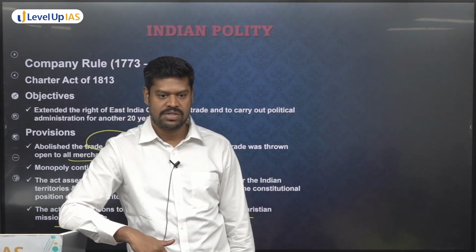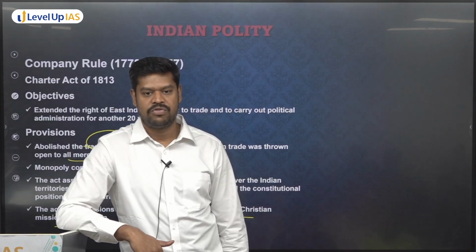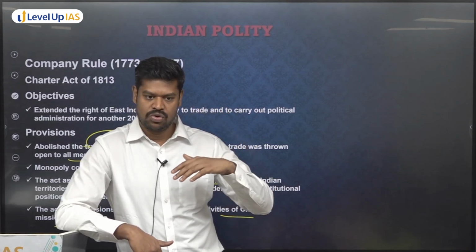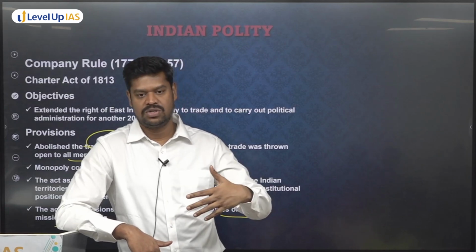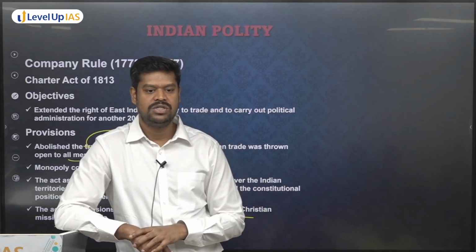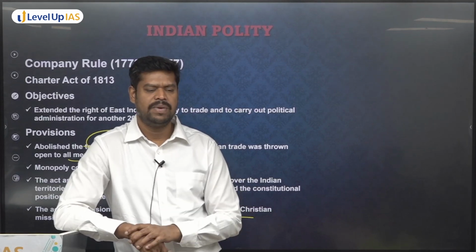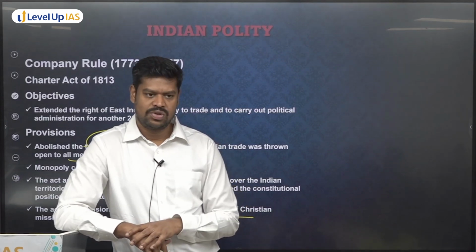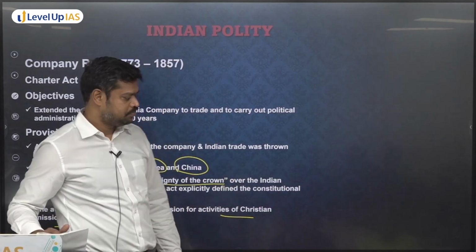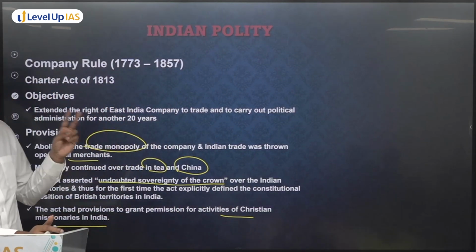The business activities, and it may have an impact upon the profit. But ultimately, the decision is to be taken by the British Crown. So the British Parliament enacted this law, and they wanted to give equal importance to the spread of religion also. They allowed the missionaries to come in, and the court of directors were not happy, but it was the will of the British Crown. So therefore, they allowed it. And majorly, they focused upon two areas.